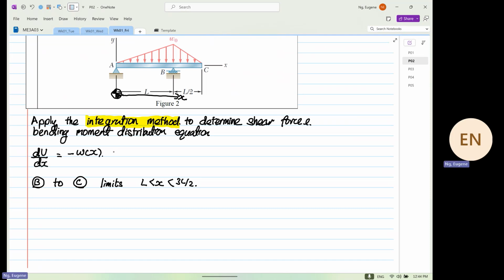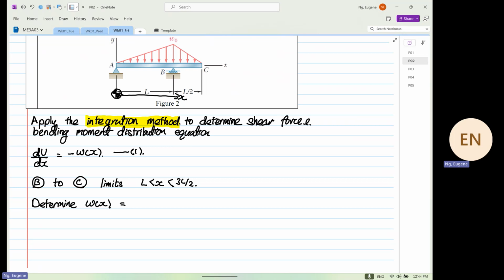So in order to apply equation number 1, you have all seen equation number 1 before? Yes, nothing new, right? In order to look at equation number 1, we have to determine omega as a function of x between point B to point C. So this will be equal to what?